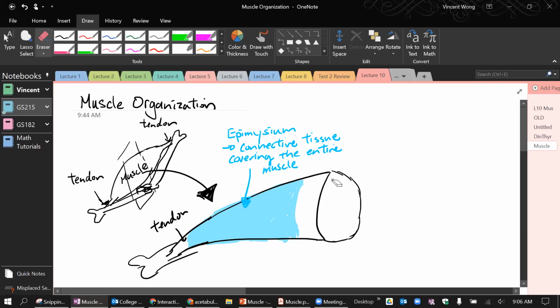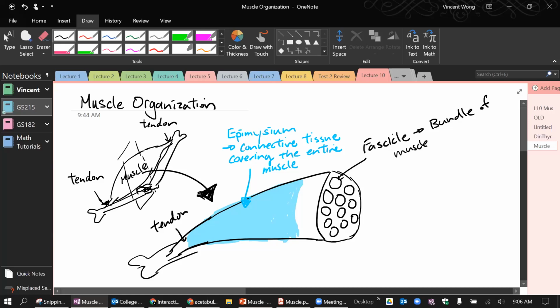Now on the inside, if we take a look at the cross section of the meat here, you will see groups of fibers. One of these circles, this whole thing, is called a fascicle, which is a bundle of muscle fibers.